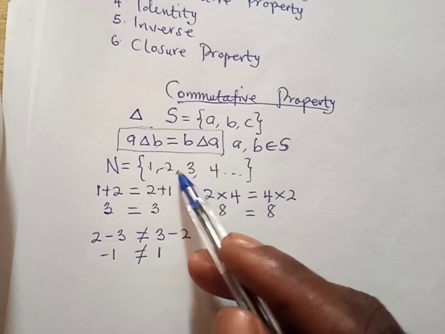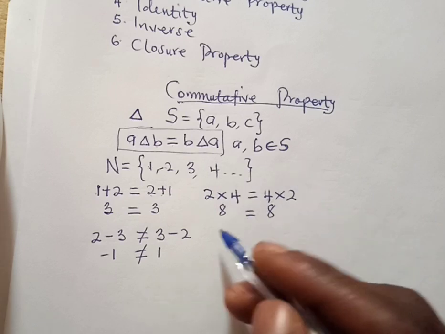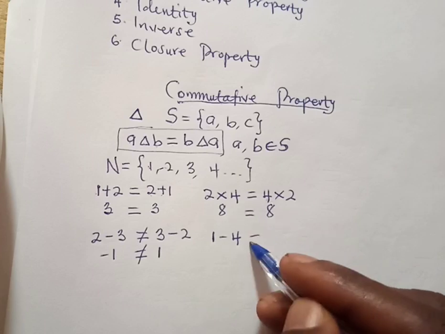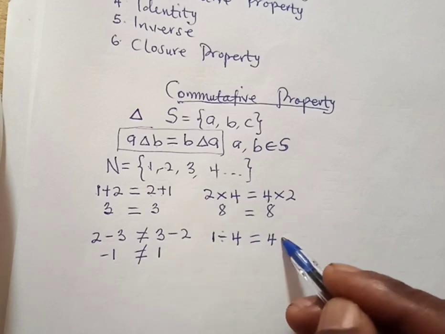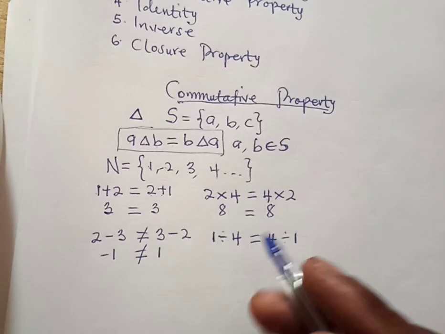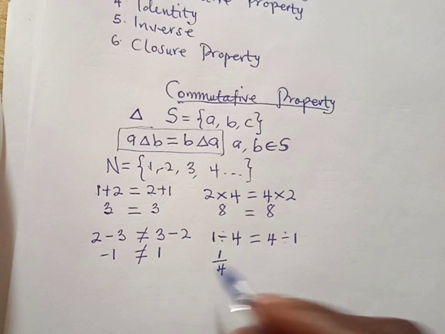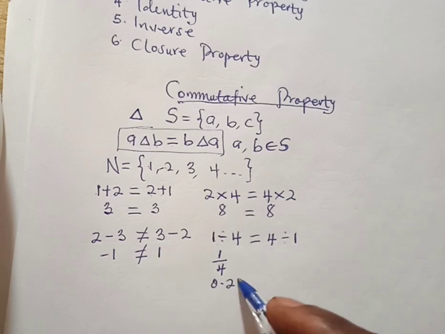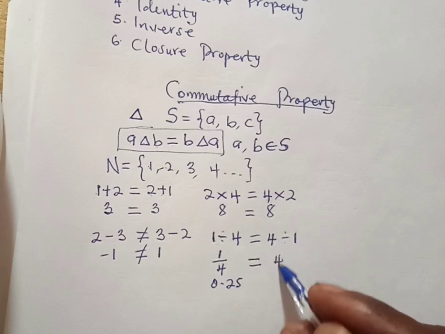Now let's also use division. This time too, I'm going to pick another two numbers, 1 and 4. So 1 divided by 4 is equal to 4 divided by 1. Now let's see. 1 divided by 4 gives me 1/4 or 0.25, and 4 divided by 1 gives me 4.